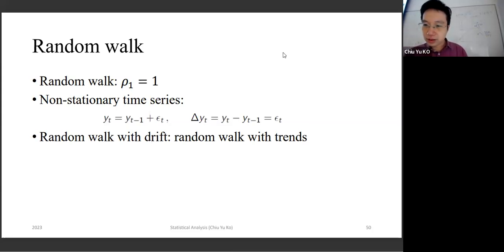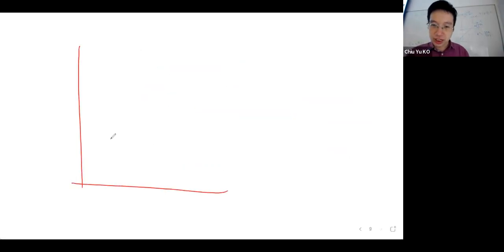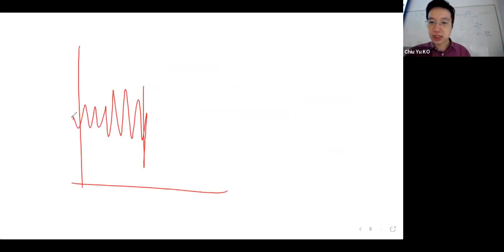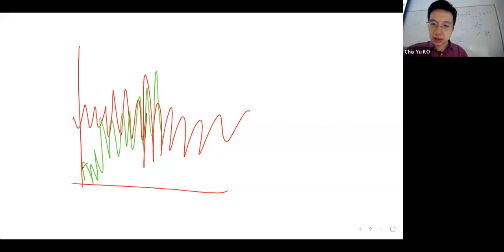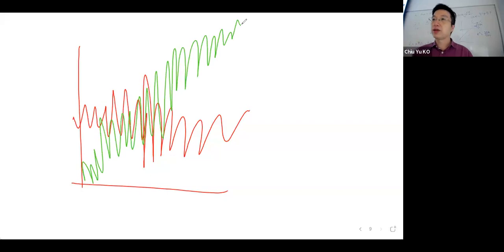The random walk is usually like this, and with drift it's like this. So that's the drift.